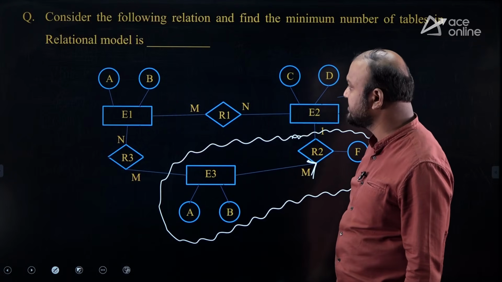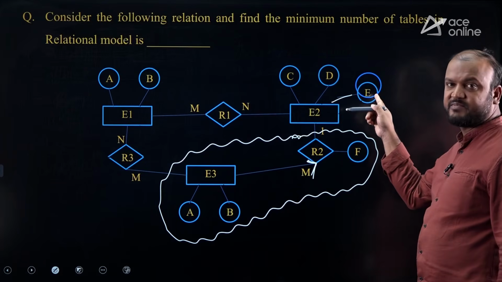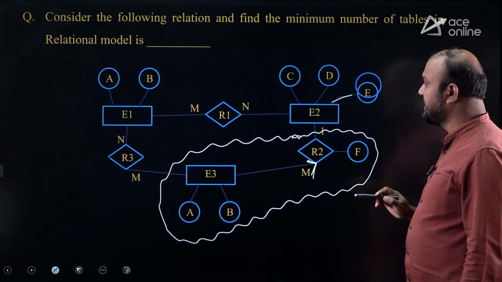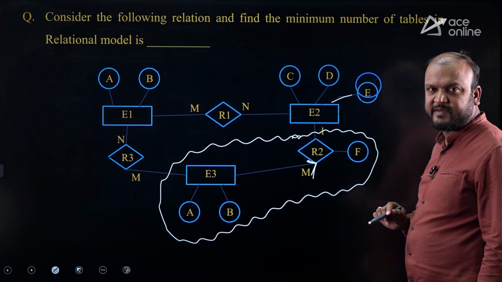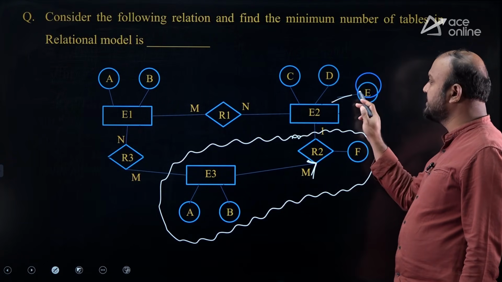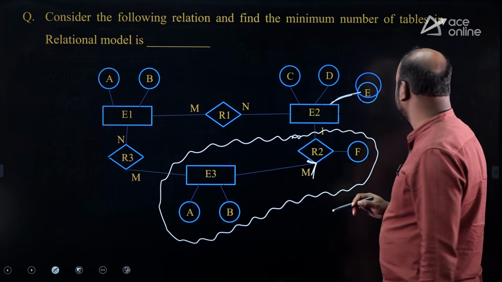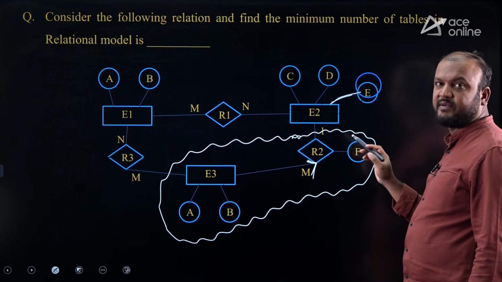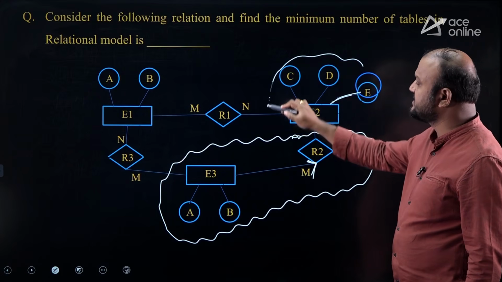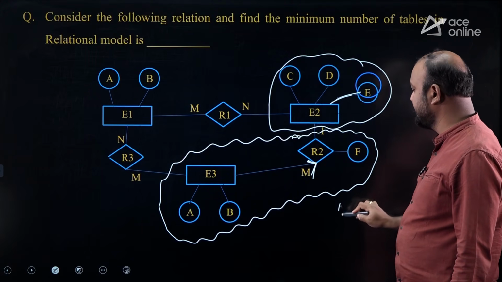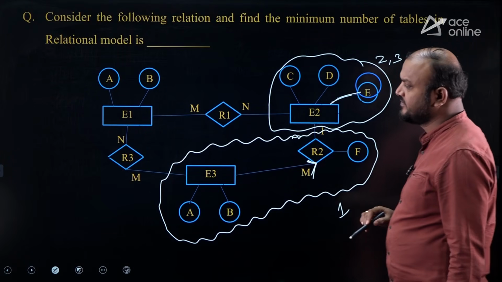Any other mergings possible? No. Here maybe there is a display issue, but you can observe it is a double ellipse. Double ellipse means multi-valued attributes. If you didn't observe it because of the display issue, no problem, but E has a double ellipse for multi-valued attributes. If it is a multi-valued attribute, it is to be represented with two tables. This is 1 and this is 2, 3, like two tables.